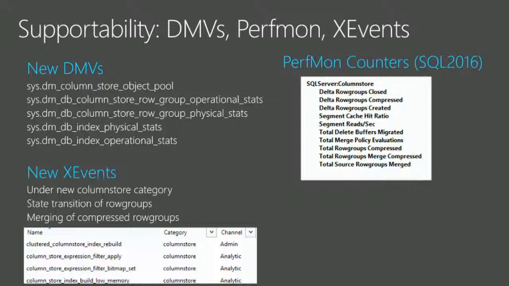So you can run your workload and figure out whether you're getting bad performance because your segments are not staying in memory, because what you want is for your commonly accessed segments to stay in memory. We also have a variety of X events and new performance counters that you can track, and for X events we have a separate category for ColumnStore.